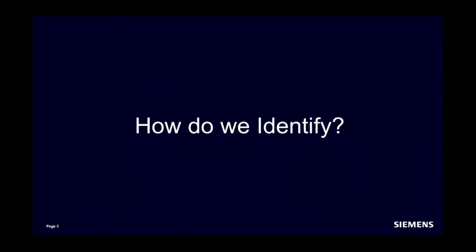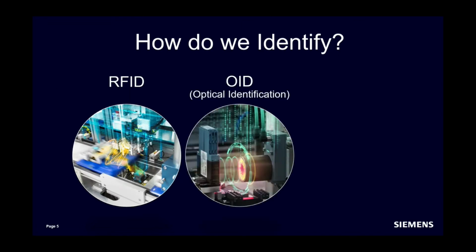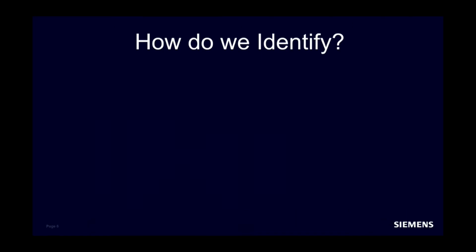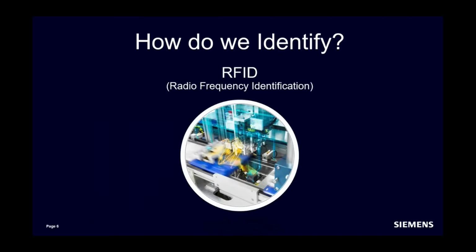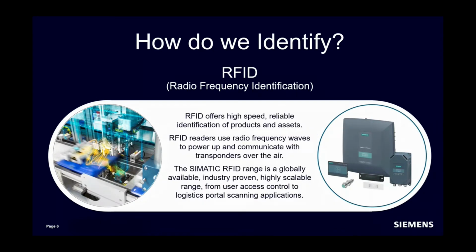So how do we identify? As I said, we've got RFID, radio frequency identification, OID, optical identification, and RTLS, real-time locating services. So what does each of those comprise? Well, starting with RFID, you may be familiar with RFID from things like if you've been to Decathlon recently, everything in Decathlon has an RFID tag label, and you put everything in a bin at the checkout and it just scans it all and it knows exactly what you've got.